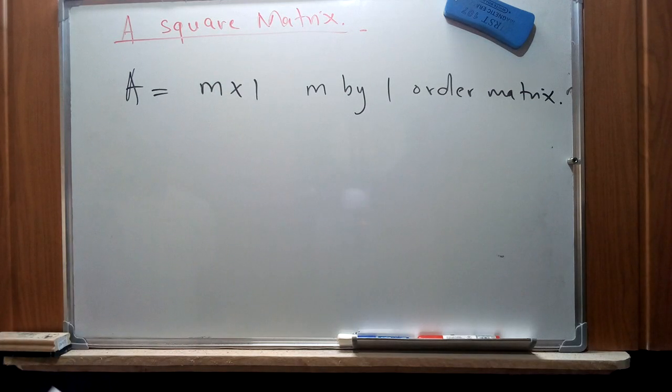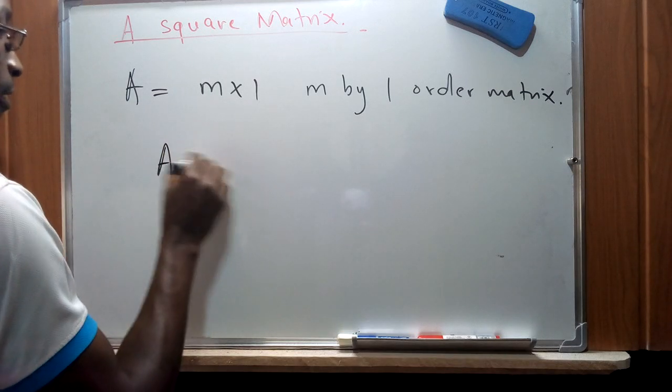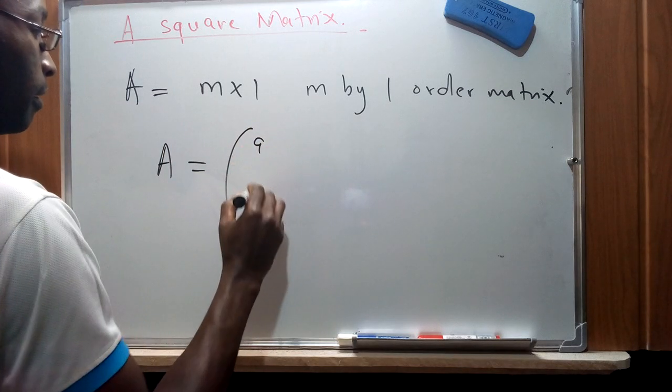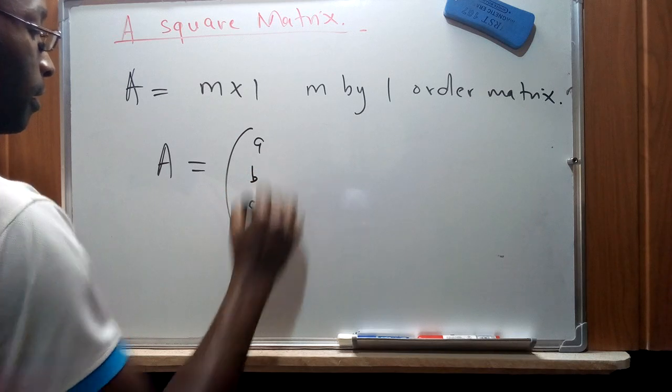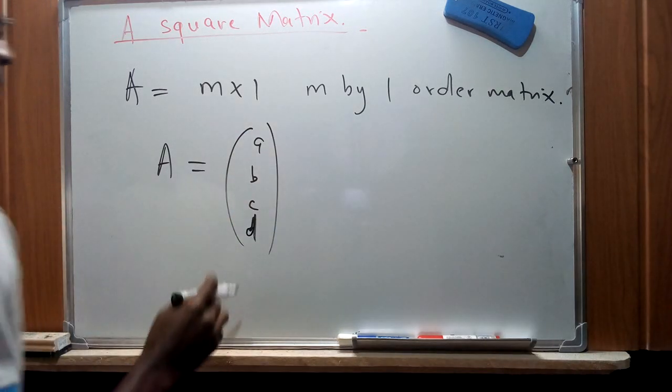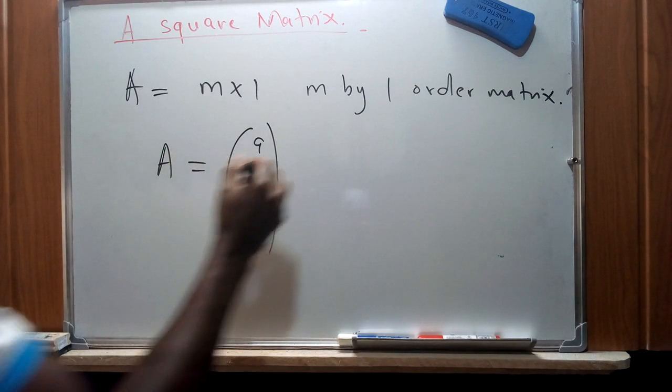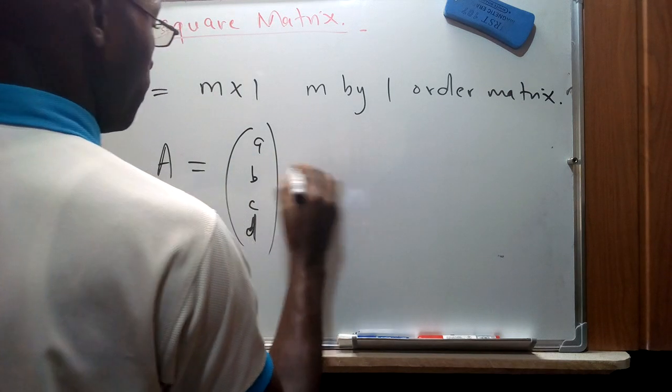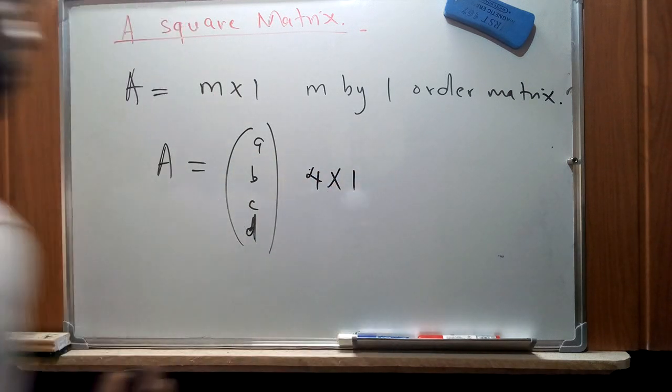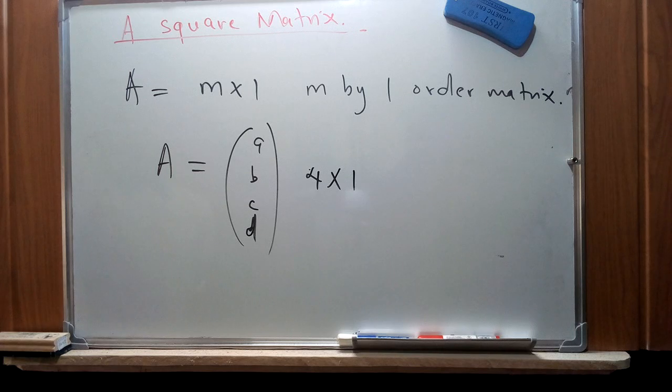This one is made up of a single column, and we can say that A is represented as a, b, c, d. Therefore, this one is made up of one column and 4 rows. So this is a 4 by 1 matrix.